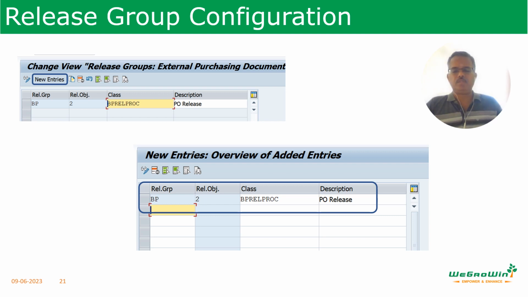For example, the BPREL procedure class, whatever class we created now, will be used here. Also put the description here. So we are linking the release group with the class. With the class we already attached the characteristics, and now we are bringing that class into the release group. That is the link. Now we have to save the entries. This is how the release group is first configured.